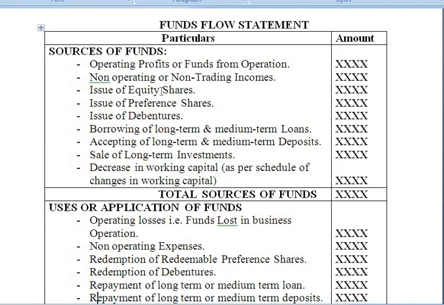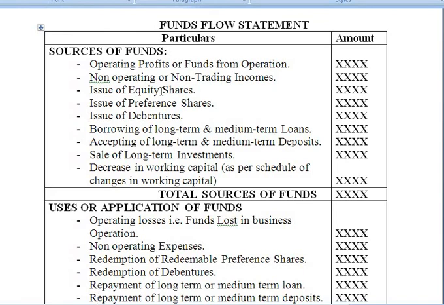Okay, next one, issue of equity shares, issue of preference shares. When you issue new equity or new preference shares, it will be a source of funds. Then issue of debentures, borrowing of long-term and medium-term loans, accepting of long-term and medium-term deposits from the public is also a source of funds to the company or to the organization.